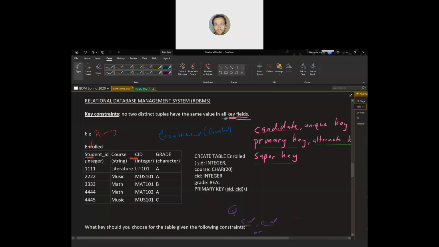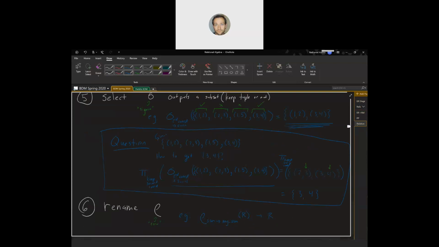It's just renaming a column. Pretty uninteresting, but you need it. Okay, and that is basically it.